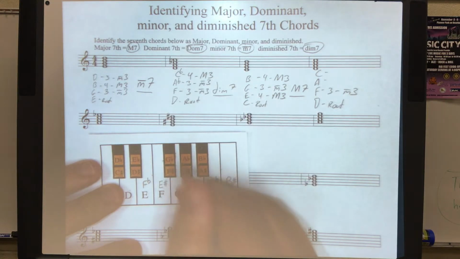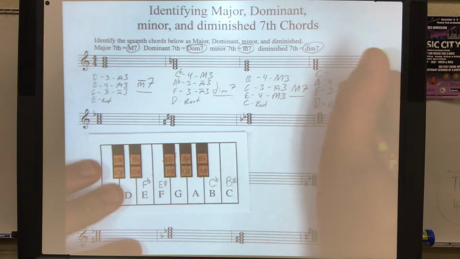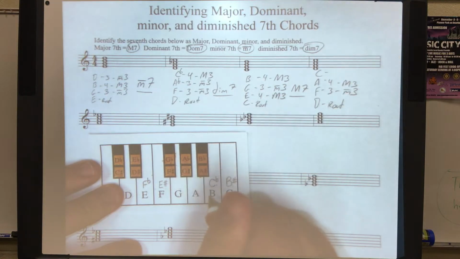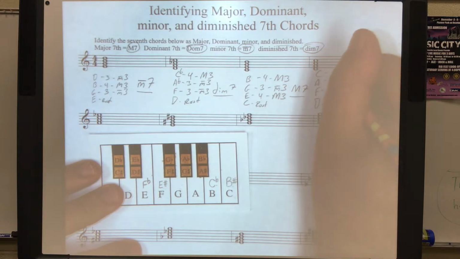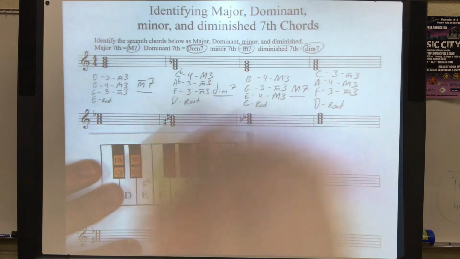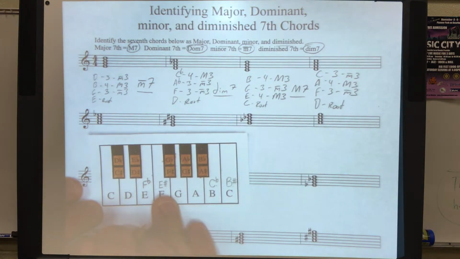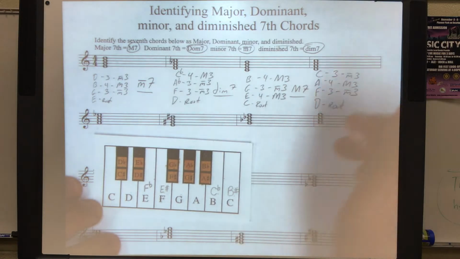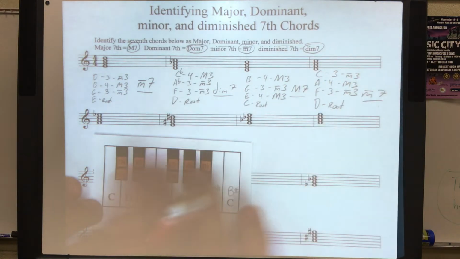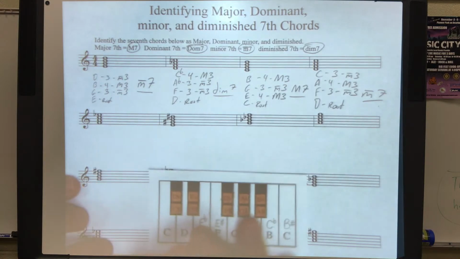A, 1, 2, 3, 4 from F, major third. C, 1, 2, 3 from A, minor third. So when it's root, minor third, major third, minor third, it ends up being a minor 7 chord. We've had 2 of those so far. Let's look at the next line.